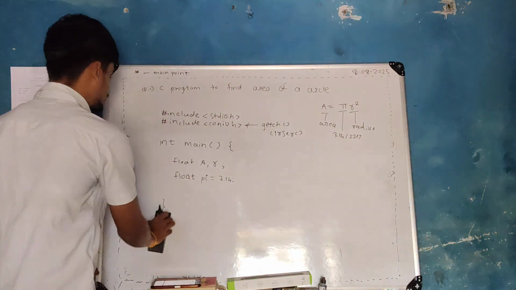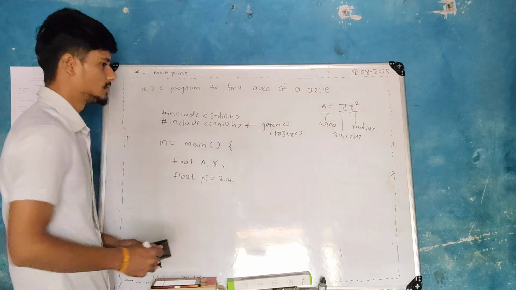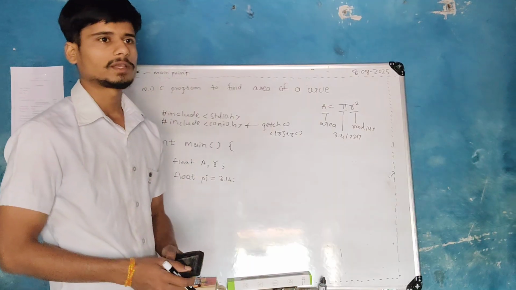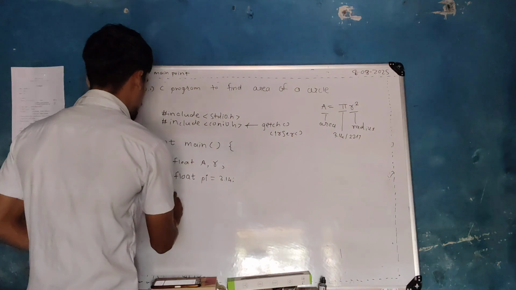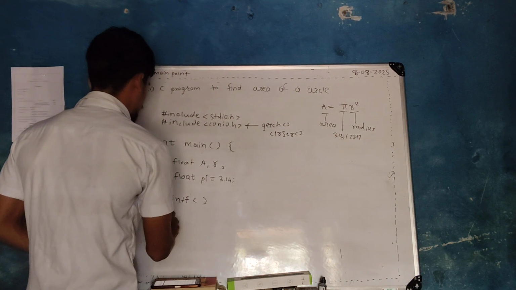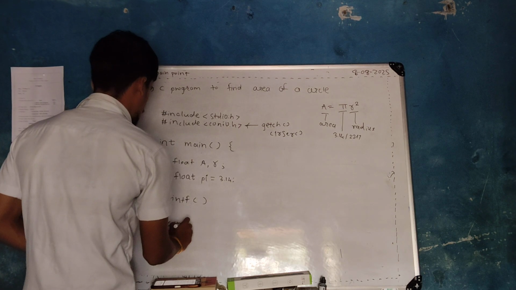To take input, we use the scanf function. First we'll print a statement on the console, and to print we use the printf function. So this is printf, this is scanf.